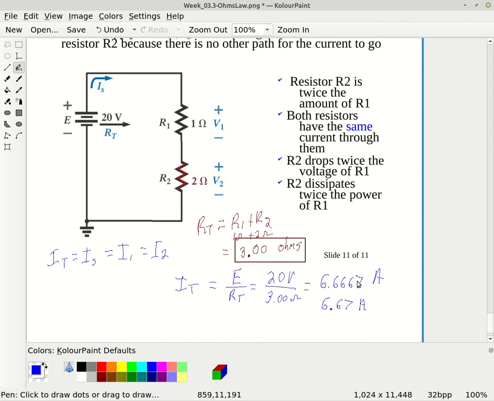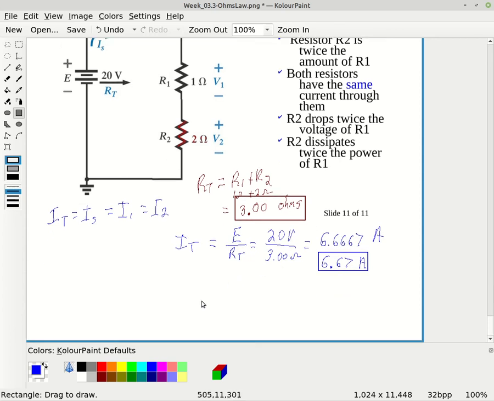But remember, for intermediate calculations, you want to make sure that you carry that out to 5 digits when you do any other calculations.